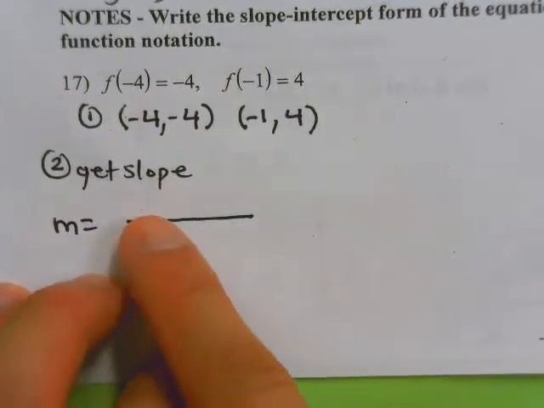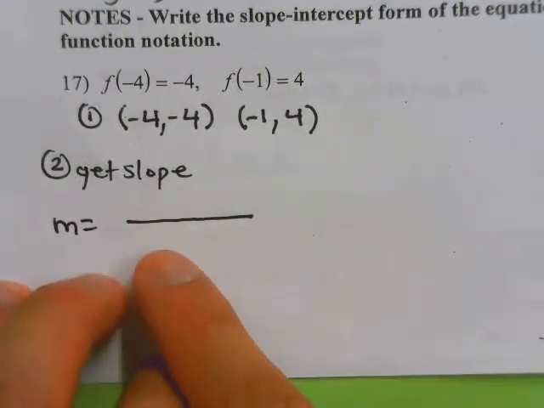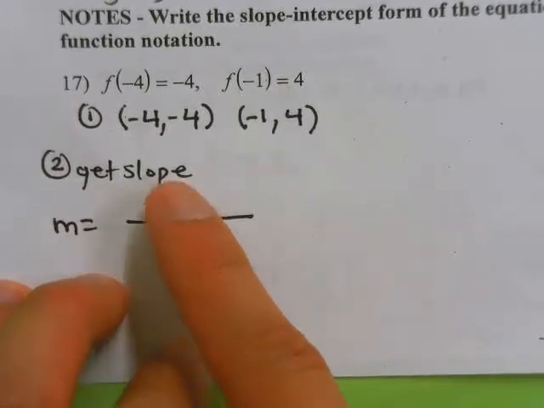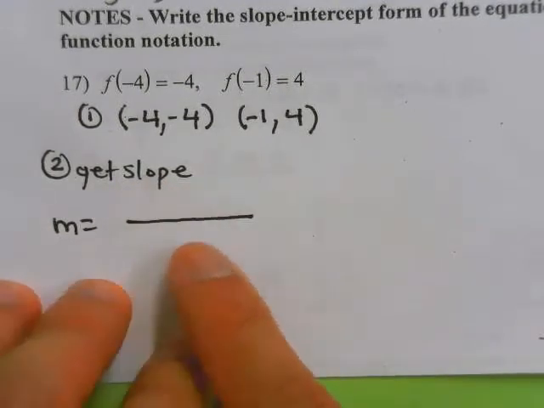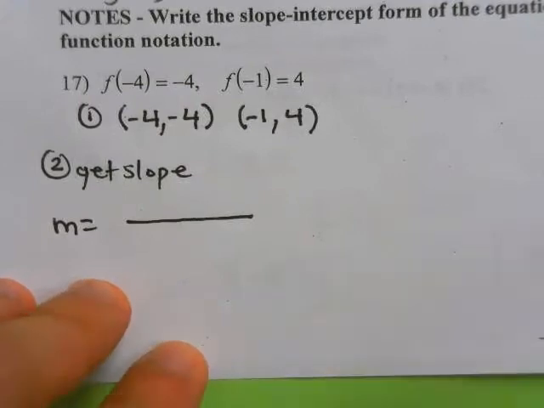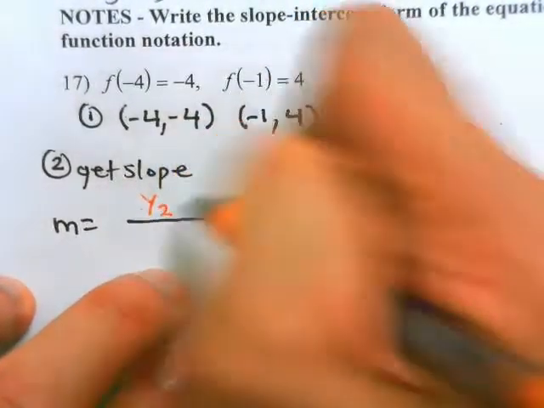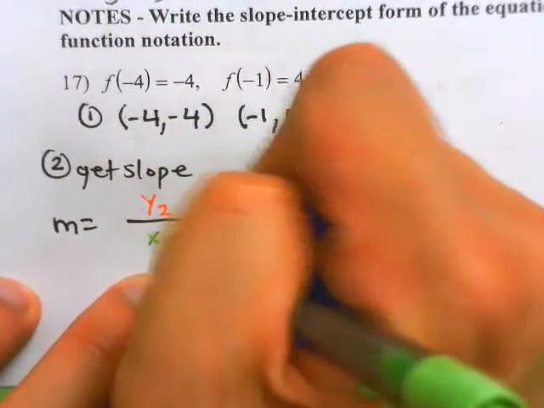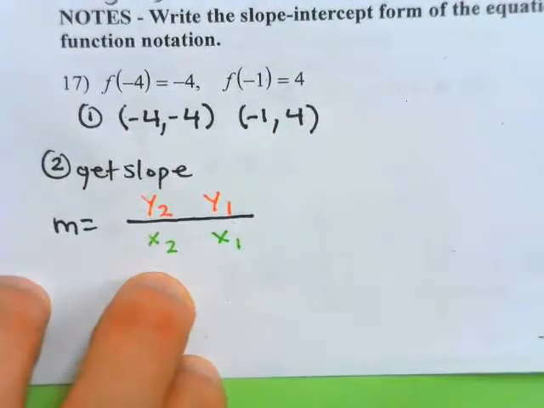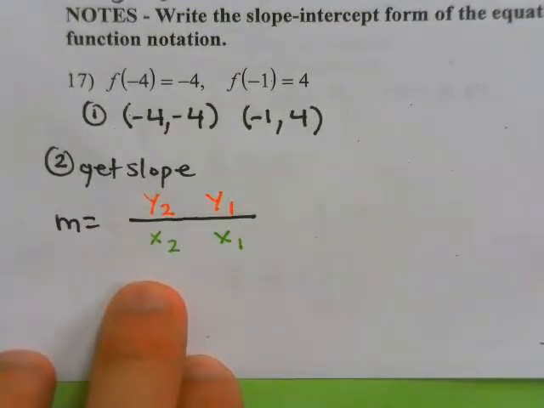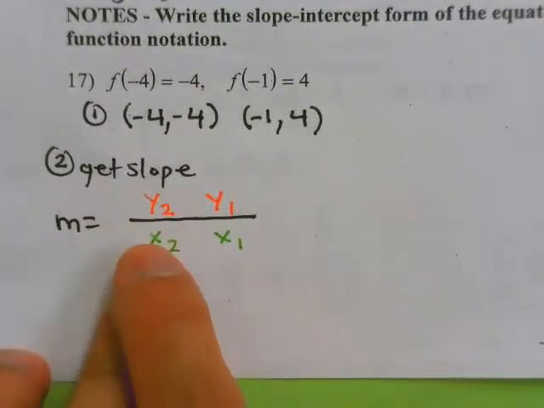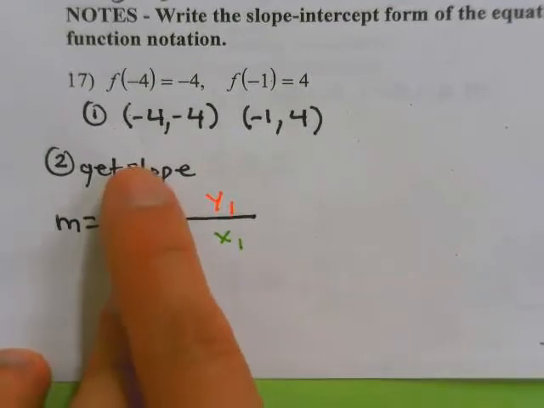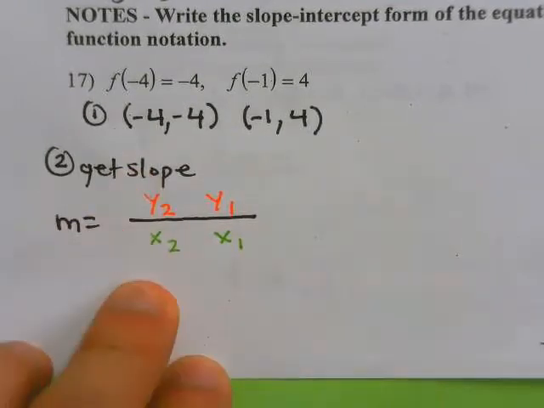If you're going to do y1 first, then x1 needs to be over here: y1 minus y2 over x1 minus x2. That's the same thing. But if you're going to write y2 first, then x2 has to be first. So order does matter. If you write y1 over here, x1 needs to be here. If you write y2 over here, x2 needs to be here.